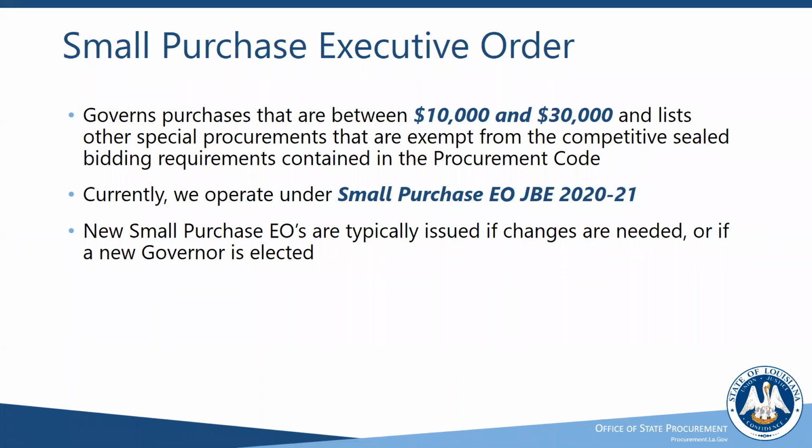This is the new Small Purchase Executive Order. New Small Purchase Executive Orders are typically issued if changes are needed or if a new governor is elected. So reference this one until you find out that there's another one. Usually, you'll get notified by the SPA that you're working with if there's been a recent update.